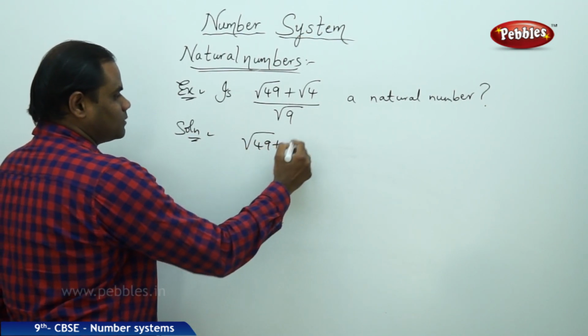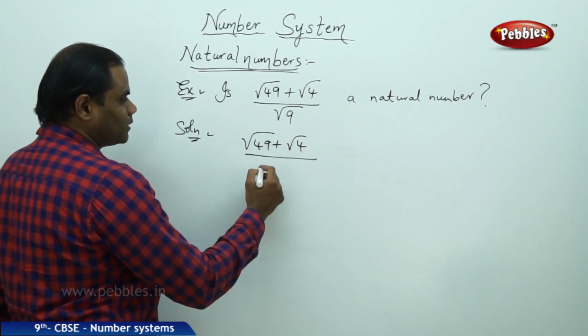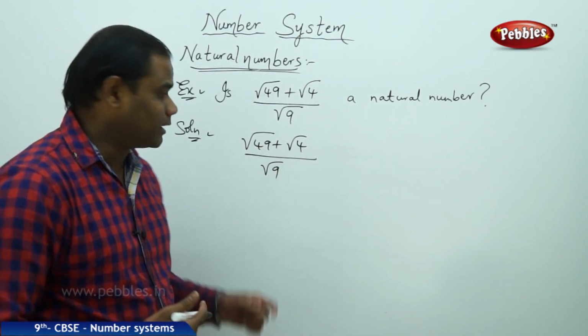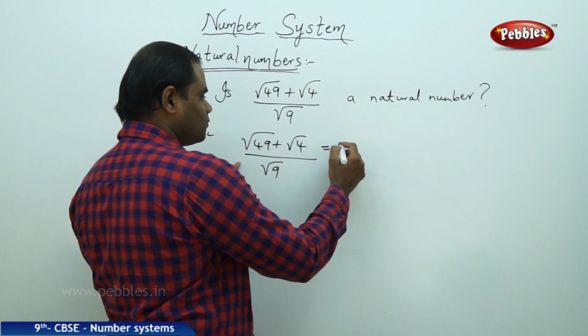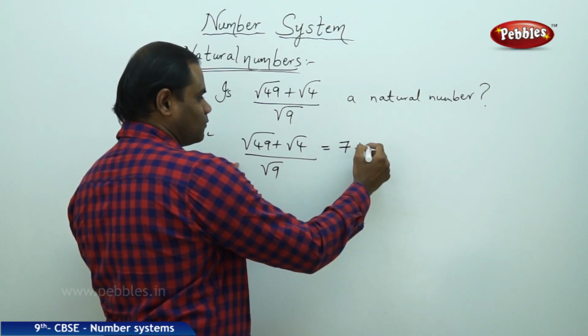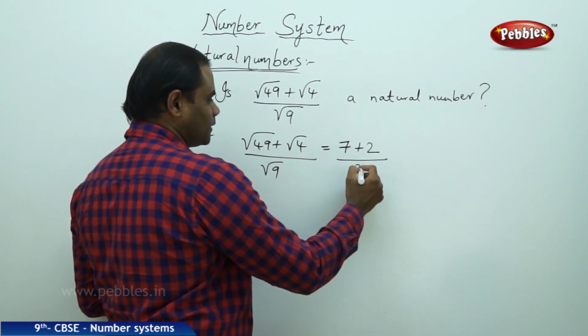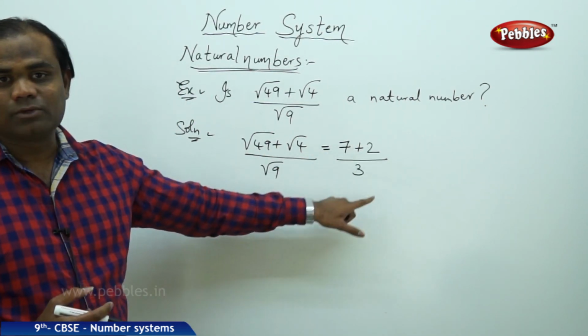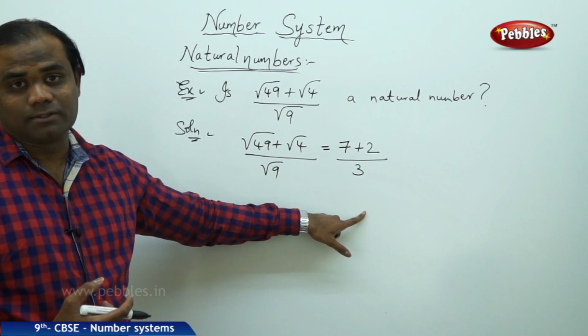So the given question, root 49 plus root 4 by root 9, is to be further simplified, as we clearly know that root 49 is 7, root 4 is 2 and root 9 is 3. I reduce them into the non-root form by using the perfect square number concept.